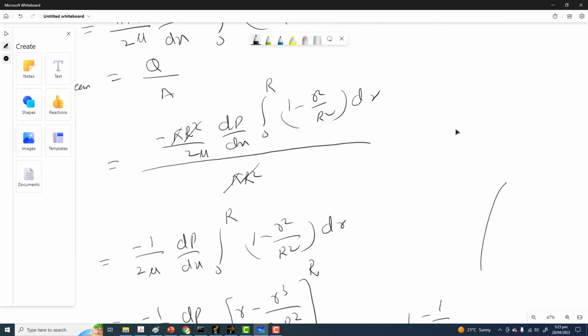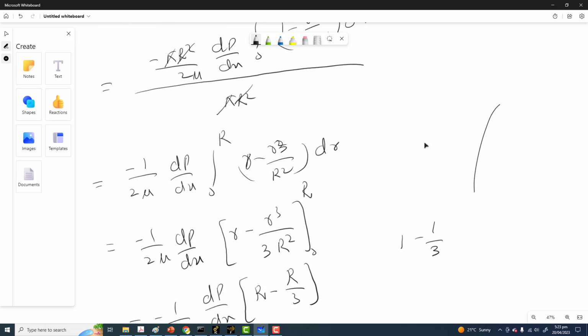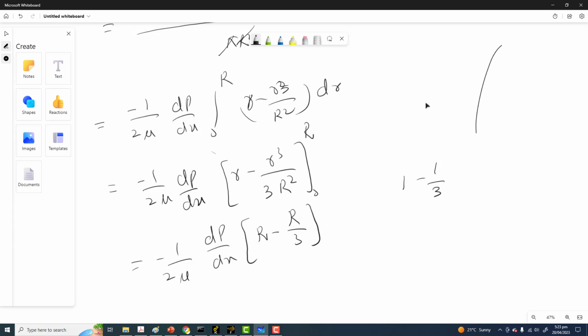This will be the r here. This is the r and r cube, so this will be r square upon 2 and this will be r power 4 upon 4. So if you put the limit, this will be R square upon 2 and this will be R square upon 4.